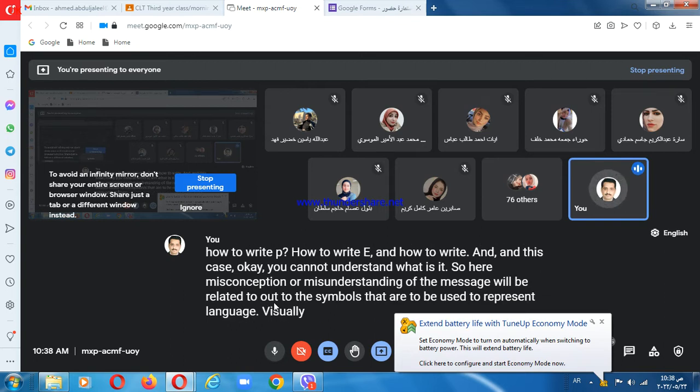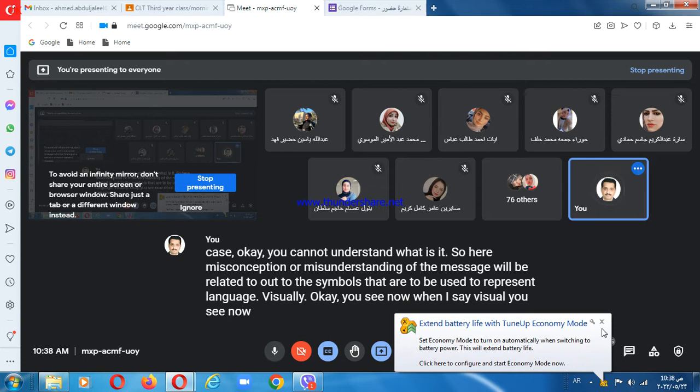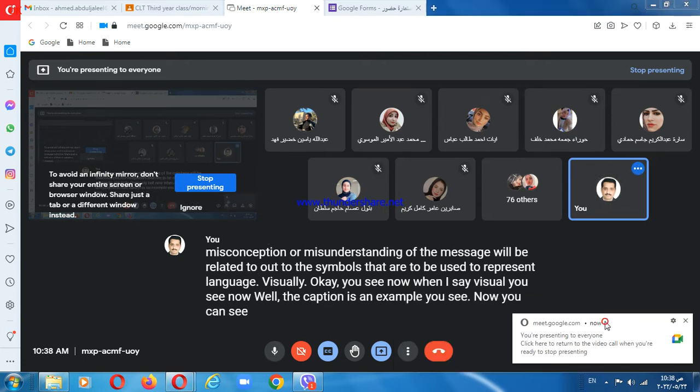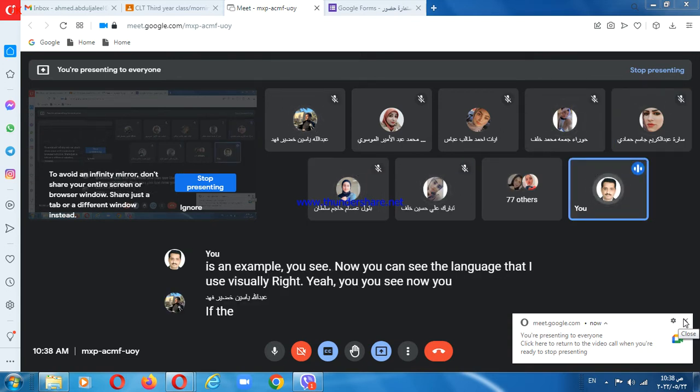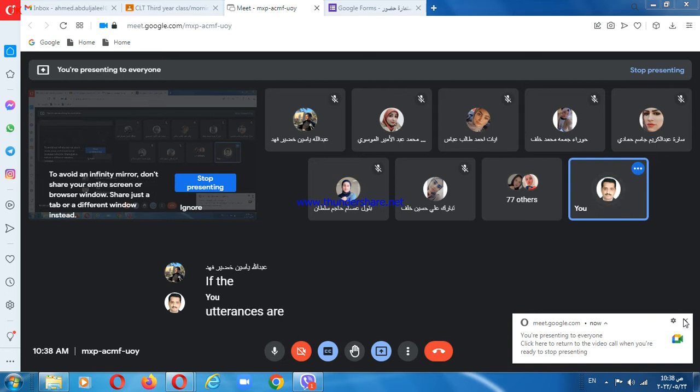When I say visually, the caption is an example. You can see the language that I use visually, right? My utterances are visualized. It is visual.